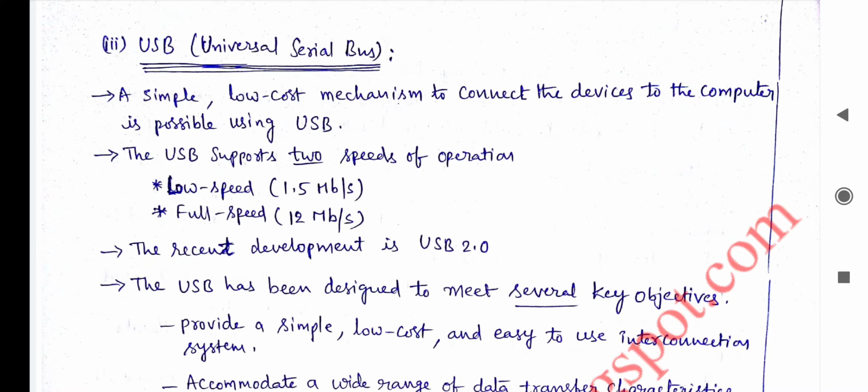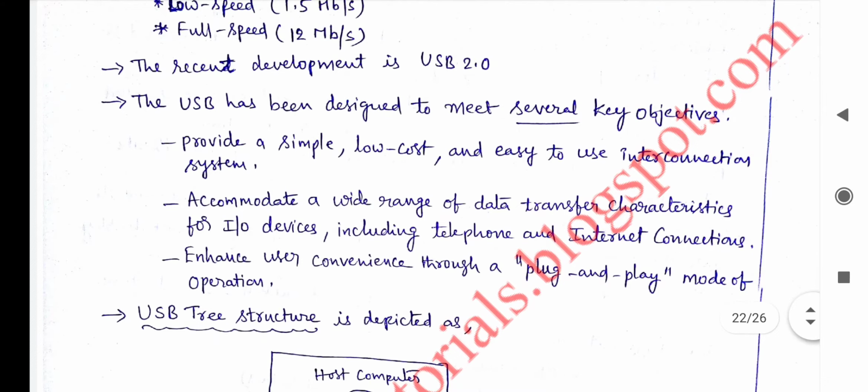The USB has been designed to meet several key objectives. The design objectives of the USB are the following: provide a simple, low cost and easy to use interconnection system.